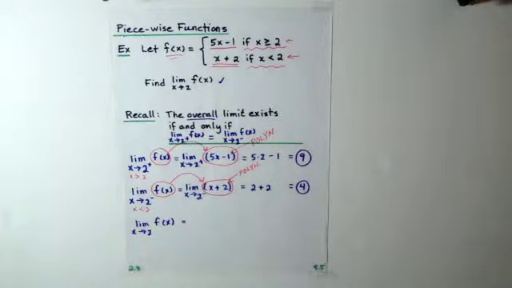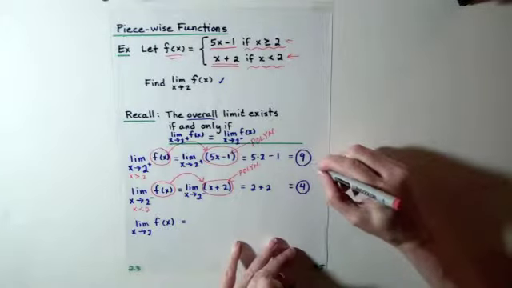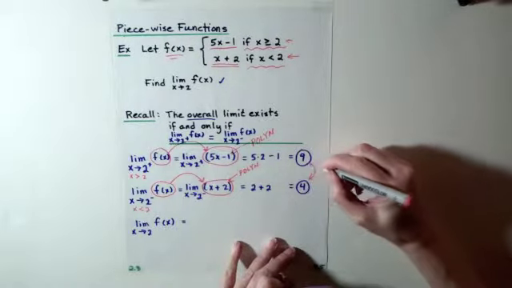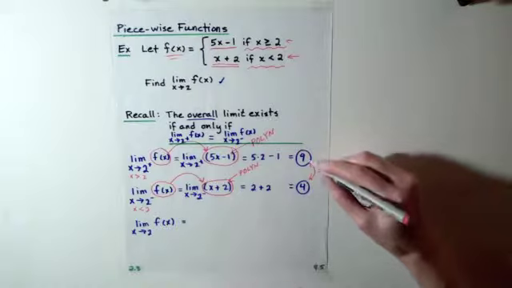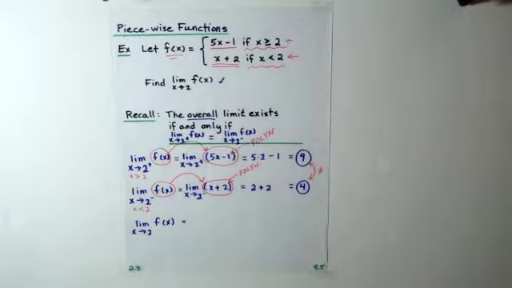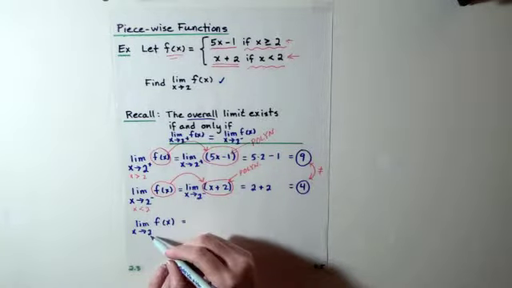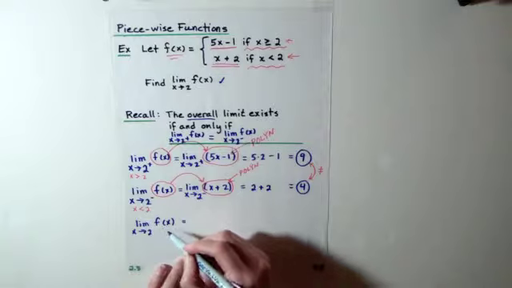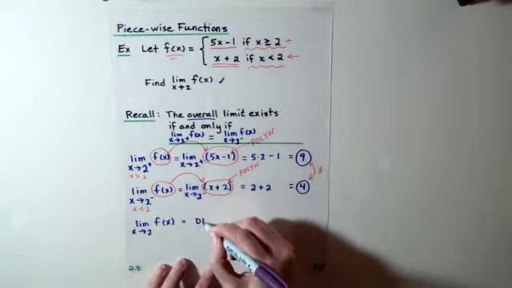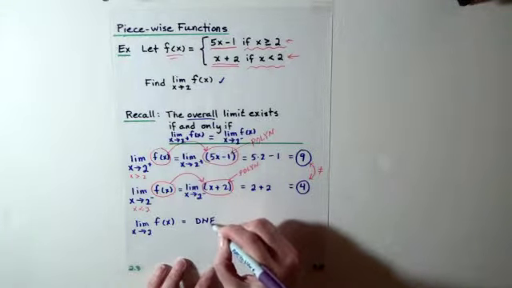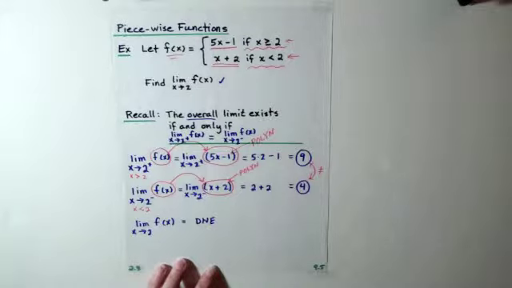Are they the same in this case? Unfortunately, no. These two things are not equal. 9 is not equal to 4. So what do we say about the overall limit? Well, the overall limit as x approaches 2 from both directions of f of x does not exist. And that's just because the one-sided limits are not equal to each other.